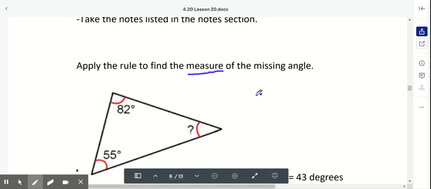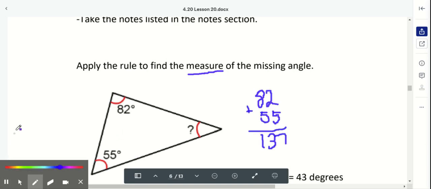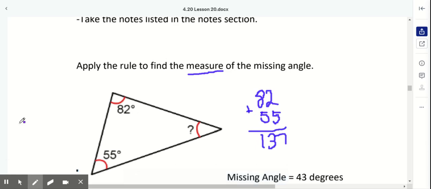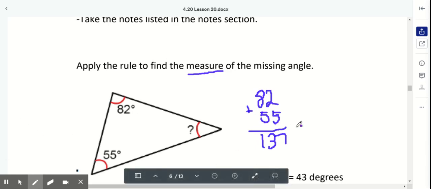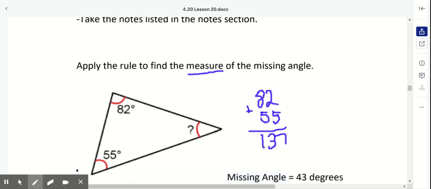So here, we're going to add up our two angles. Once we add up 82 plus 55, we get 137. What's our next step?